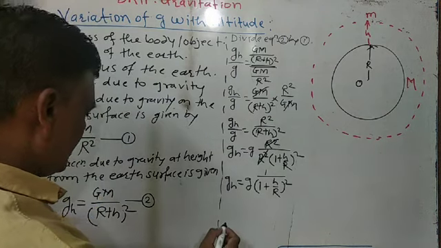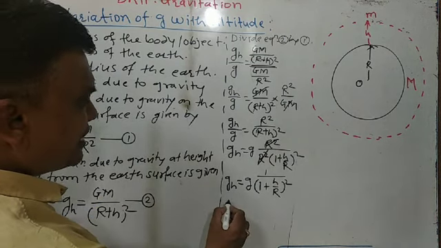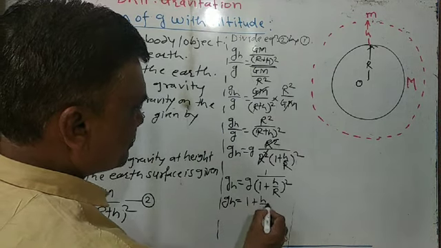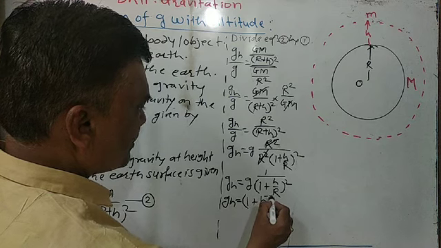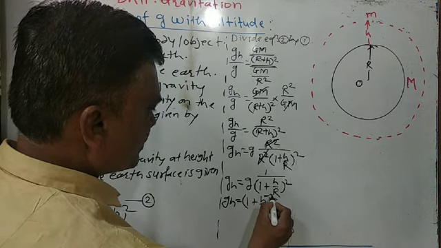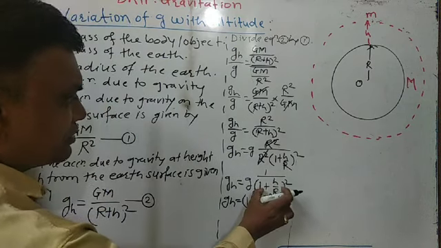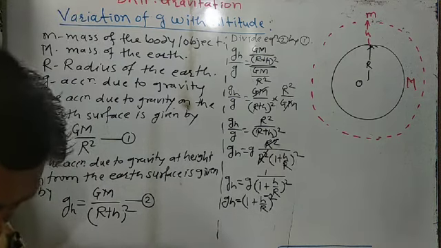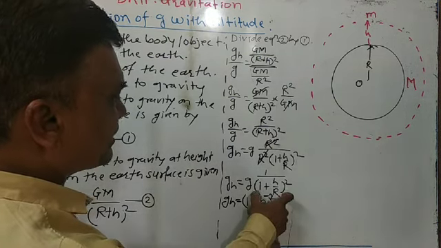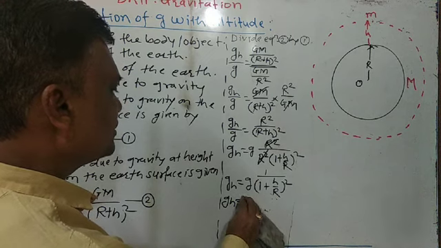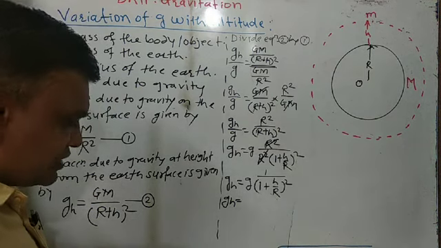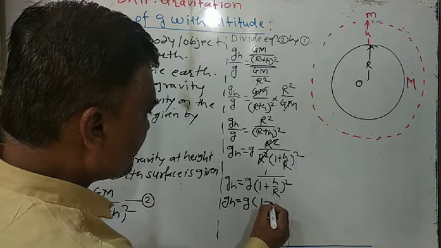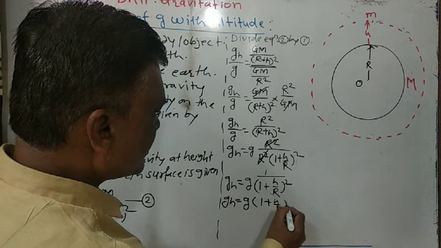This can be written as g_h equals g (1 plus h by R) raised to minus 2. Because this bracket is in the denominator, we take it to the numerator, so its power becomes negative.